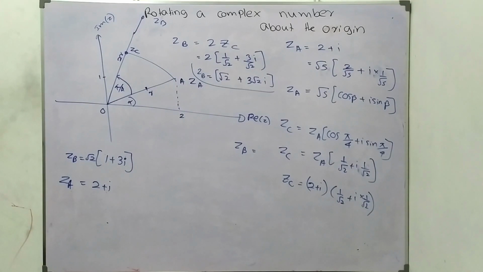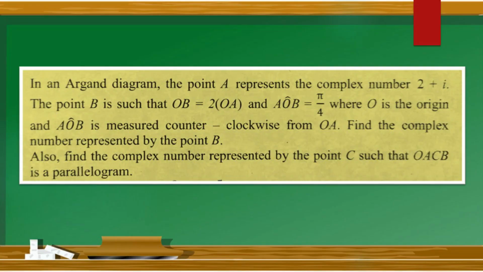Okay, the next part was to also find the complex number represented by the point C such that OACB is a parallelogram.